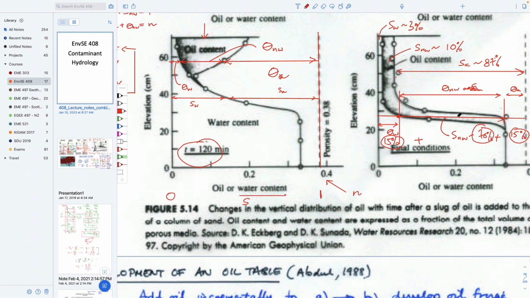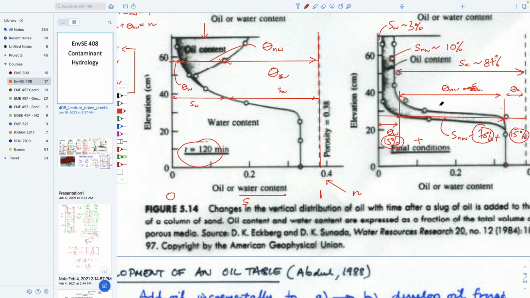If you pull the NAPL out, you'd reduce this saturation in the middle, perhaps at the expense of water coming back into it and or air. And at some stage, the NAPL would snap off and it would be present only as bubbles, funicular saturation, that then you couldn't get out.